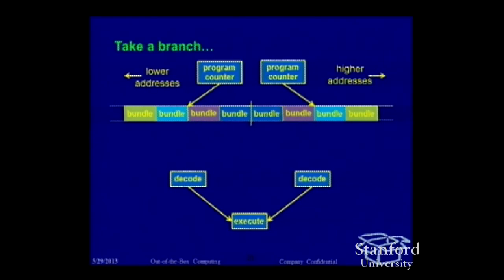Pull off the next pair. Down and execute. And so on. There we go. And that will keep on going until somebody does a branch whereupon the two program counters both go off to someplace else. Yes? The cache lines fit into this.